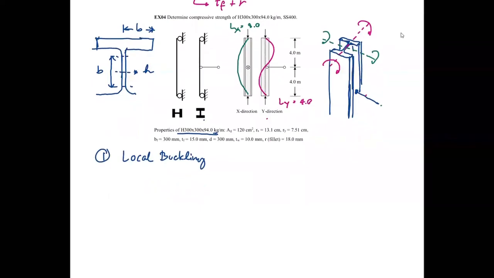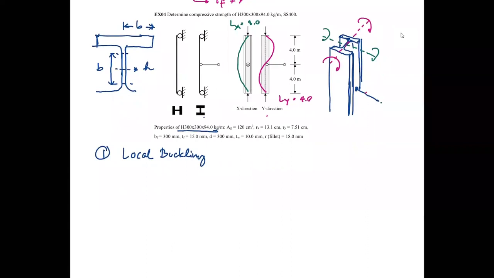Let's come back here. First thing we should check is the local buckling. So we go with the flange. Okay, the flange, BF over 2TF. So it's B over T, but this B is BF over 2, right?